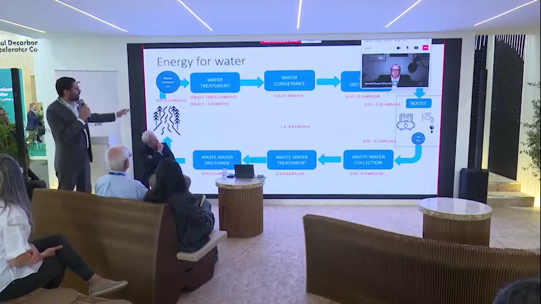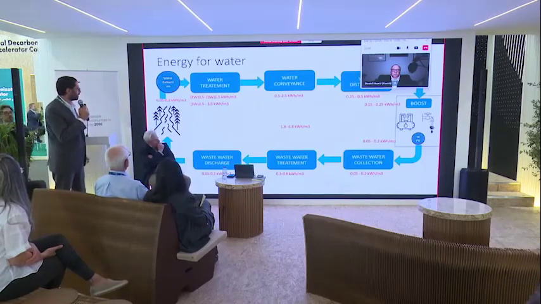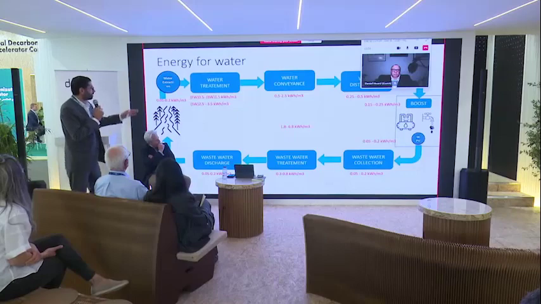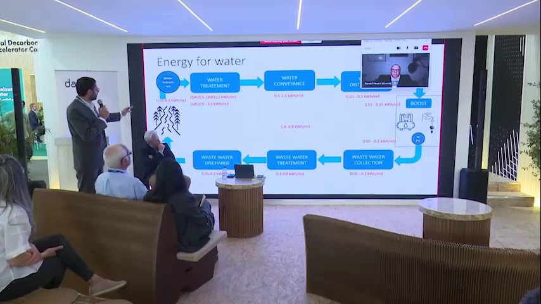Okay. To have an overview of the water cycle, the water starts by being extracted from the water source, from a stream. It's extracted to water treatment, where a portion of energy is consumed, between 0.05 to 0.2. The water treatment is more energy intense.